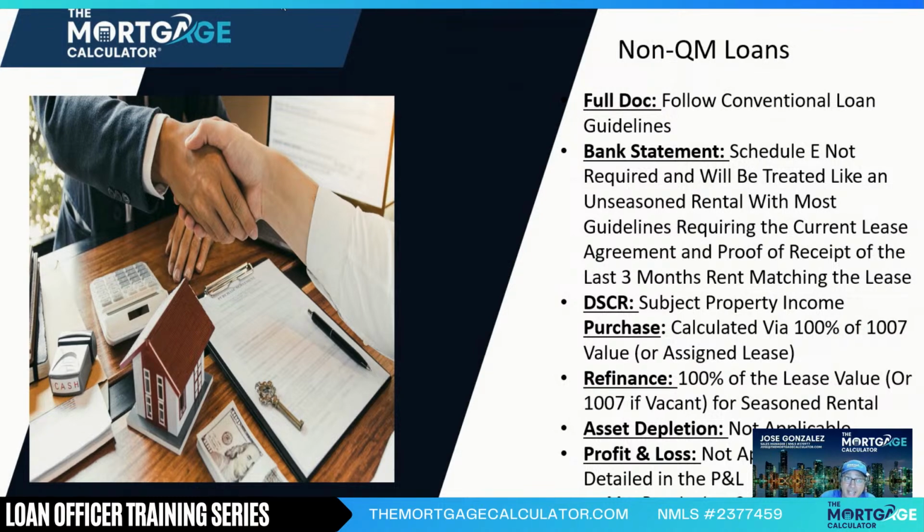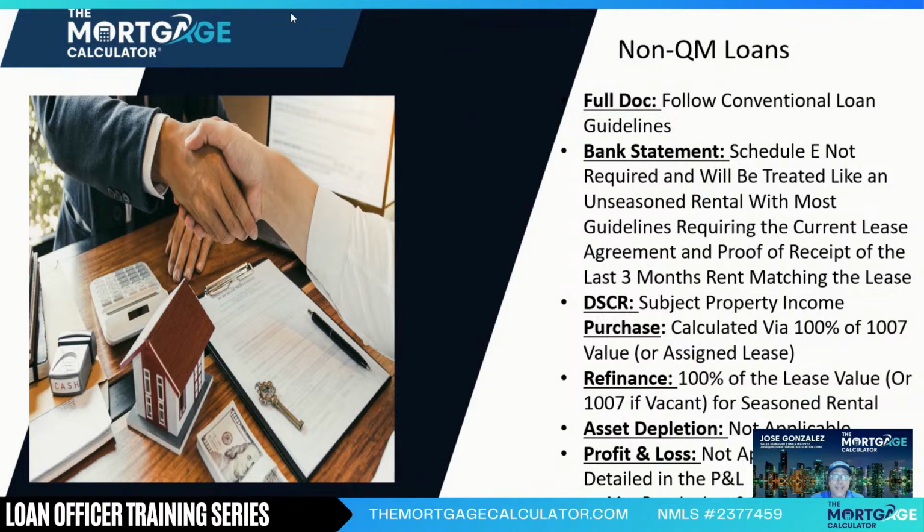DSCR loan is a debt service coverage ratio loan where we're simply going to analyze the property's gross monthly rent divided by the housing expense, and then we're looking for a certain number, preferably 1.0 or above, for our debt service coverage ratio. So in that case, again, you're just going to have whatever is the gross income, 100% of the income, and that's it. That's your income. And then you have your housing expense and do your math.